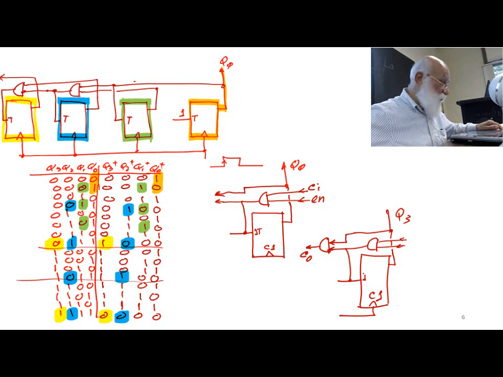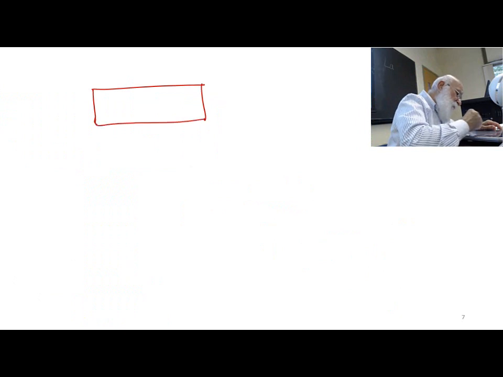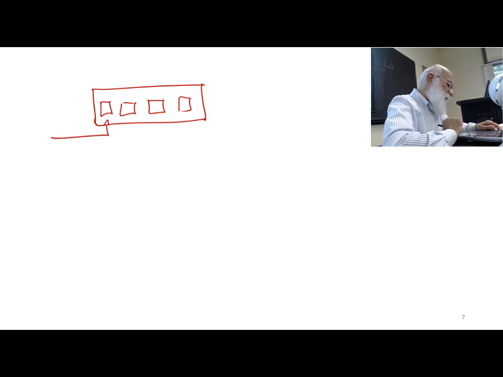Okay? So let me show you the structure I'm talking about. This is a 4-bit counter built out of those little structures. It has a clock input.